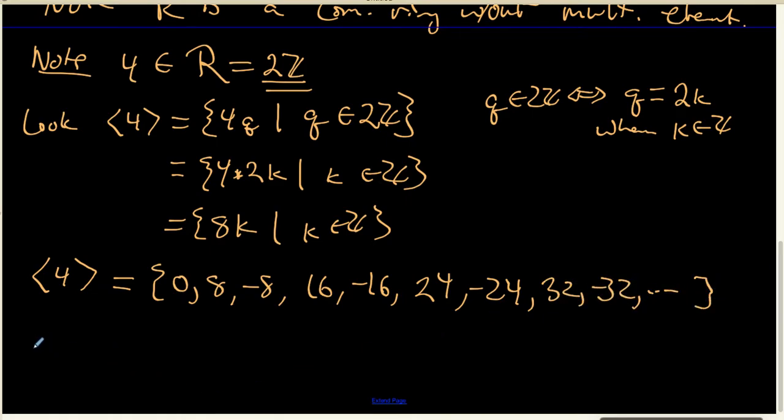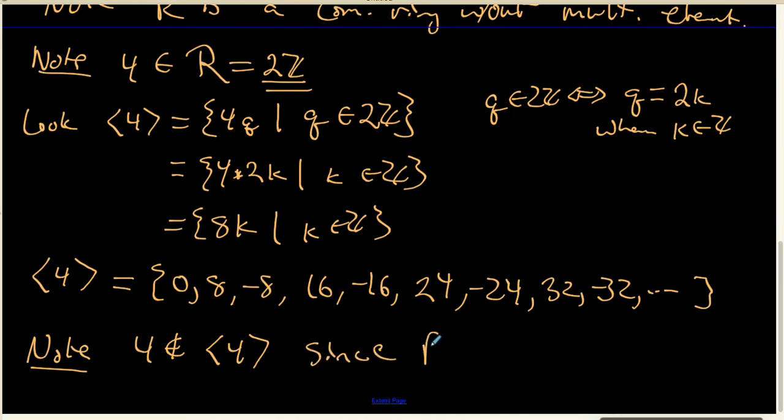And it's quite clear that 4 is not inside that set. So this is an example where the element 4 would not be included in the principal subset generated by 4, since our ring is equal to 2Z, and there is no 1 inside this ring.